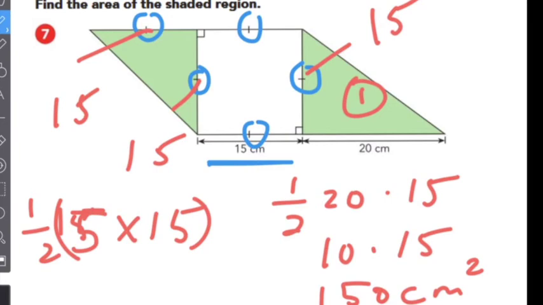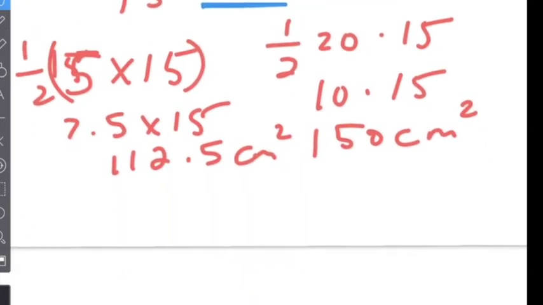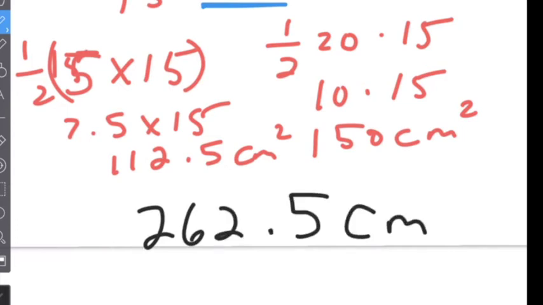It doesn't really matter, but let's try half of one. So 7.5 times 15, and when you multiply that out, it'll be 112.5 centimeters squared. You're not quite done yet because what you need to do is add those two, and when you add both of them, you're going to get 262 and 5/10 centimeters squared.